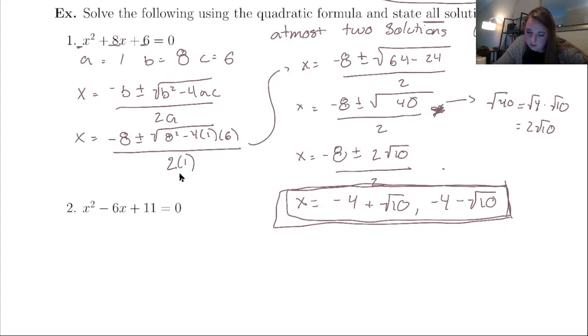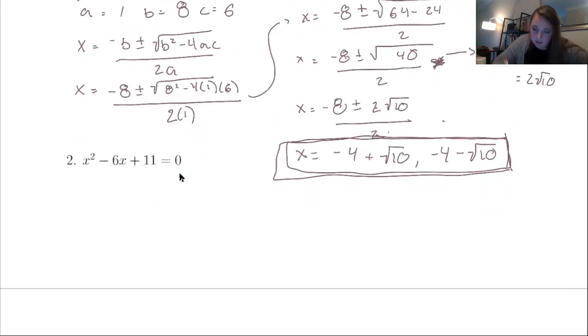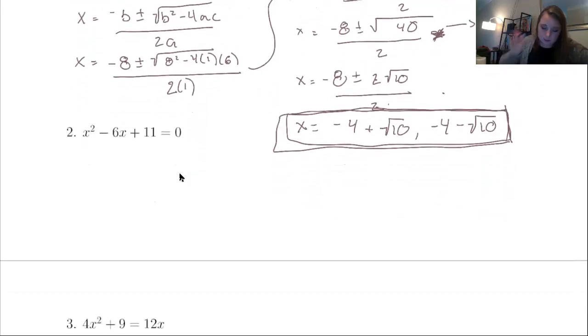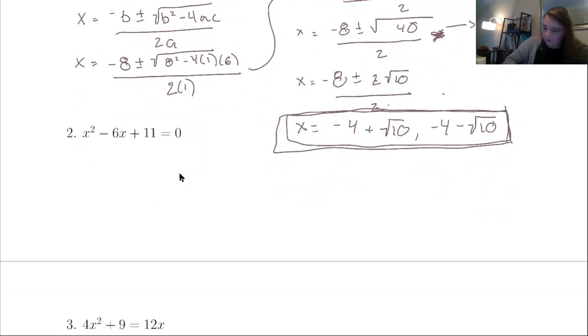And then 8 is divisible, when I divide it by 2, negative 8 divided by 2 is negative 4, and the 2's cancel out here. Does that make sense? Yeah. Okay, great. And then I just wrote it separately as 2 different ones instead of saying plus or minus.